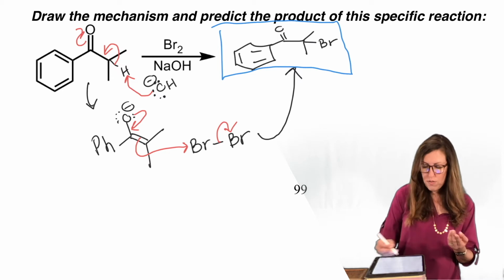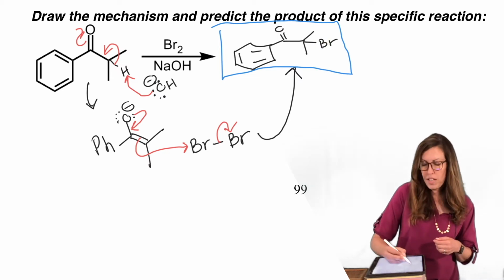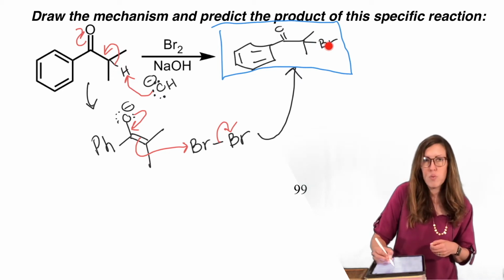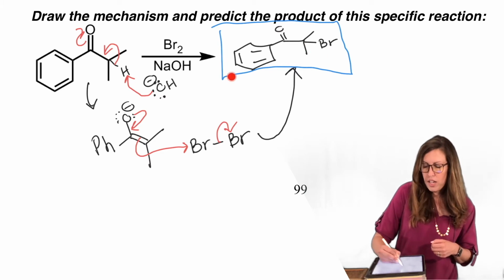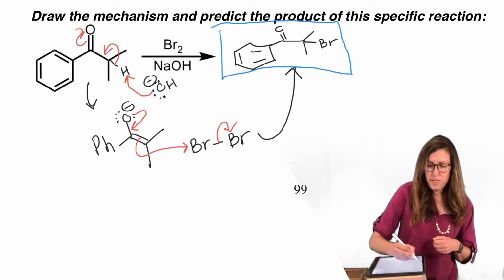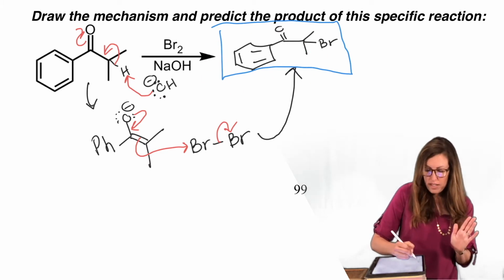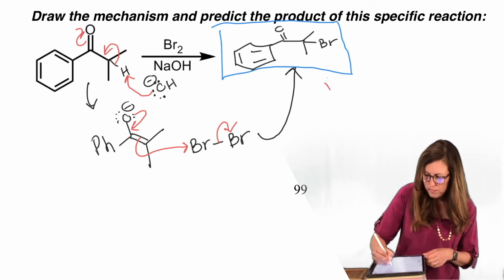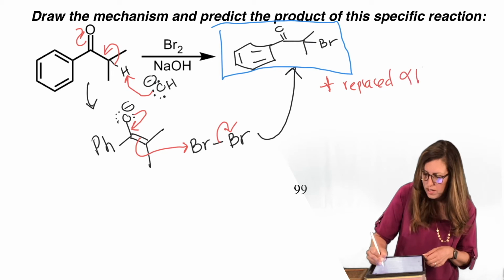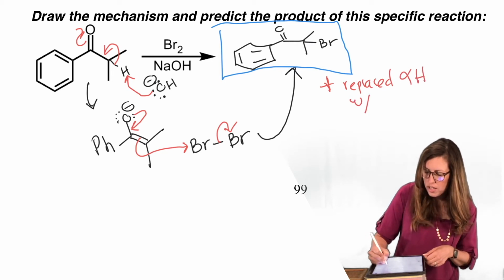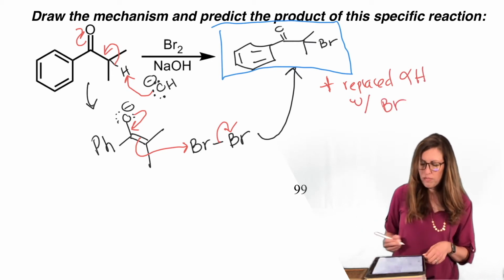This is still used just to replace one H at a time. We only had one H to replace, so we only got one halogen on there. So we got a halogen at the alpha carbon. I wrote that above, and I'm going to write that again because that's an important point: replaced alpha H with Br.